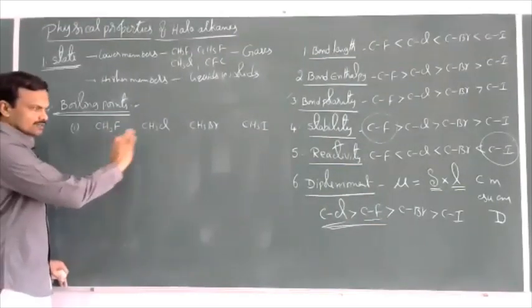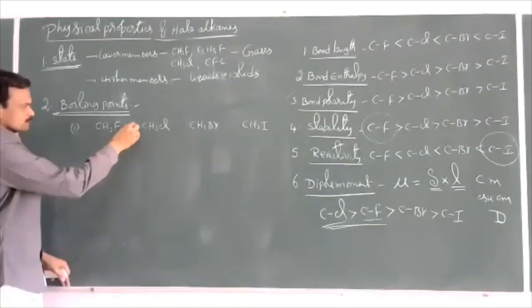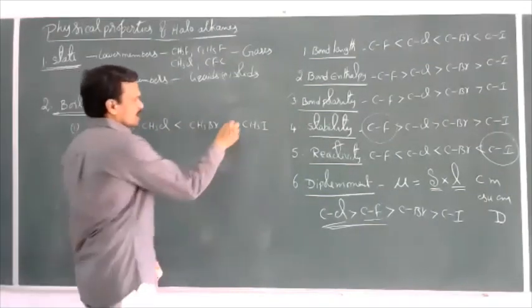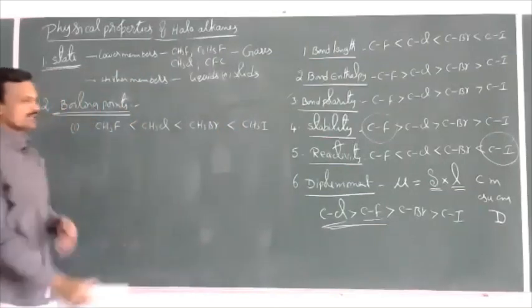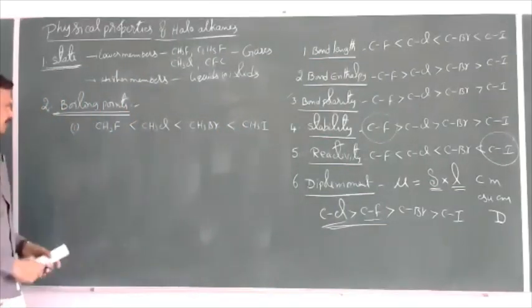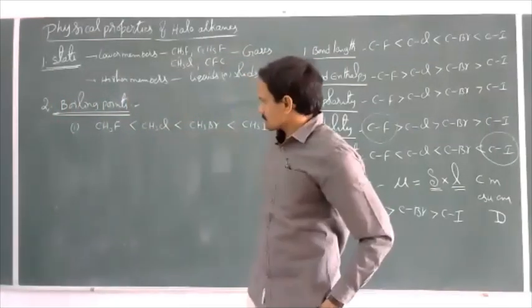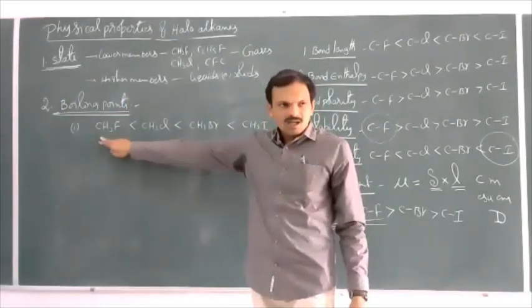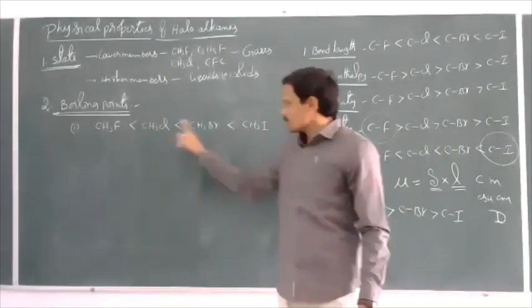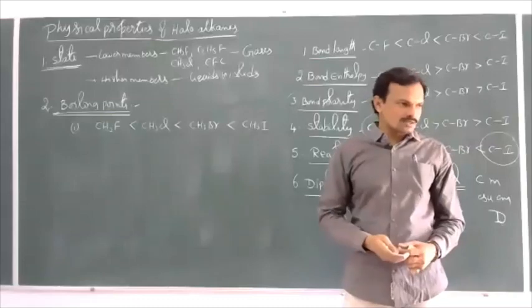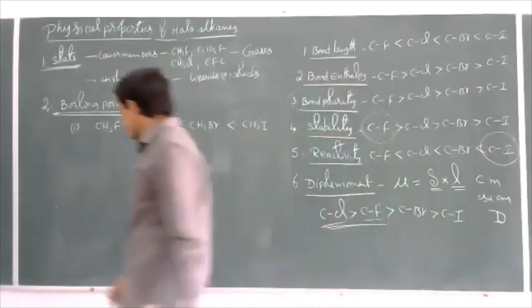Then here, the order of boiling points is CH3F less than CH3Cl less than CH3Br less than CH3I. That means for the same haloalkane, for the same alkyl group, as the size of the halogen atom increases, the order of boiling points increases. This is the first one.